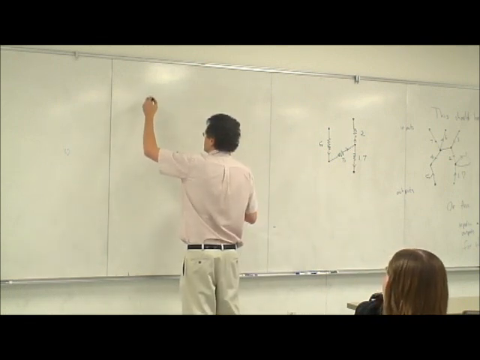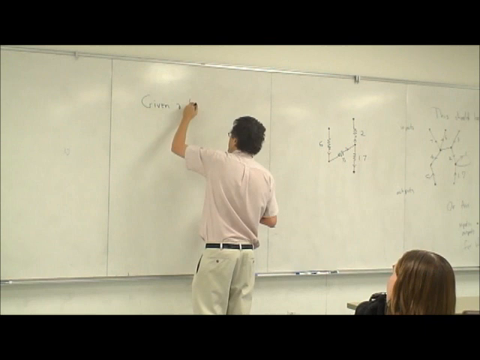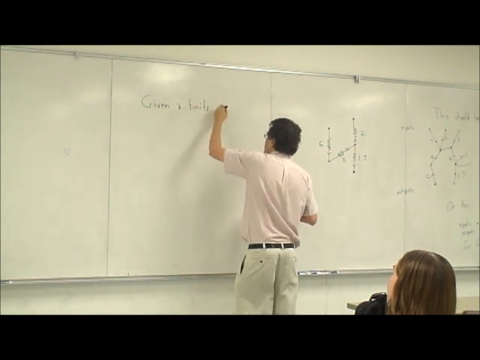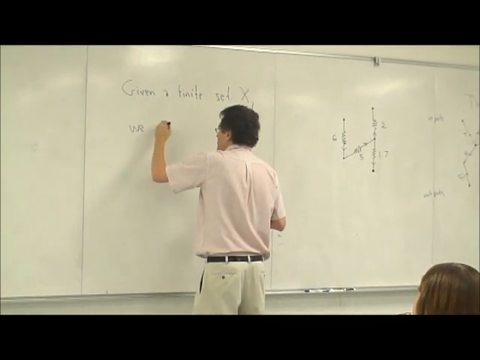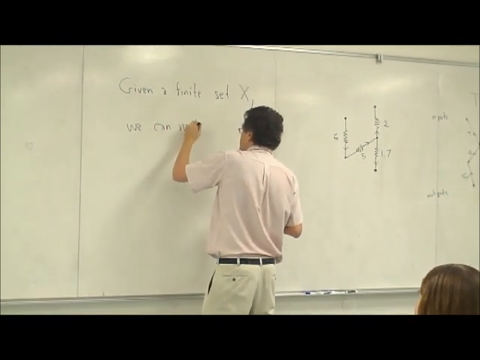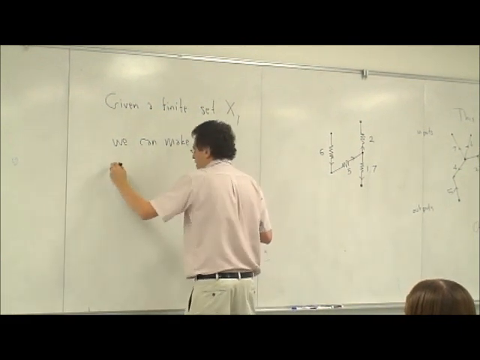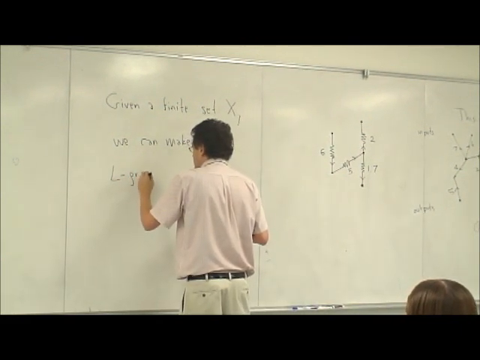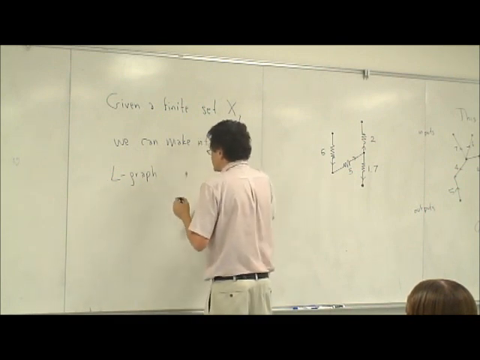So, given a finite set X, we can make it into an L graph in a sort of standard way.